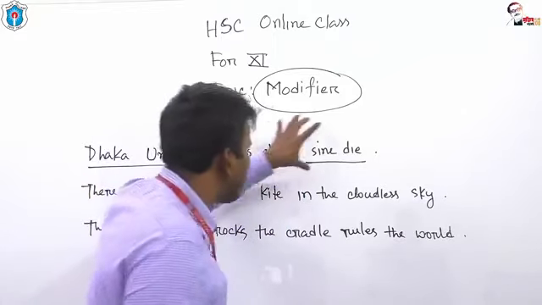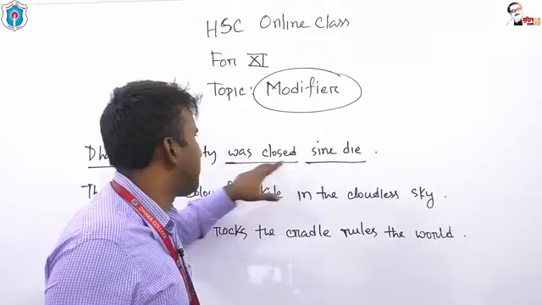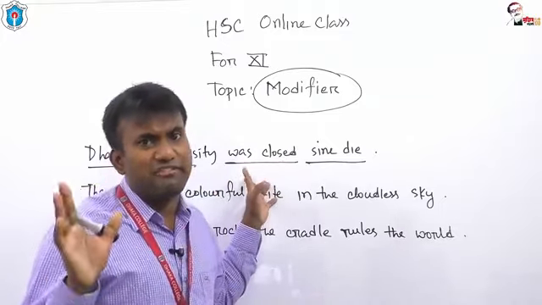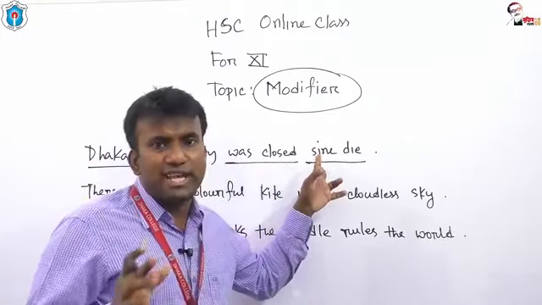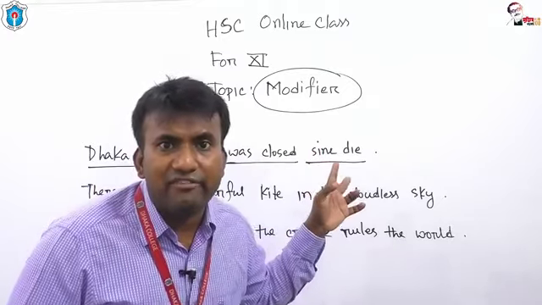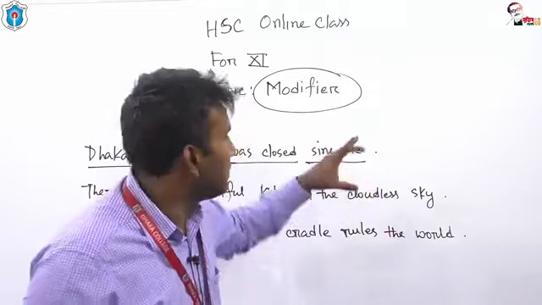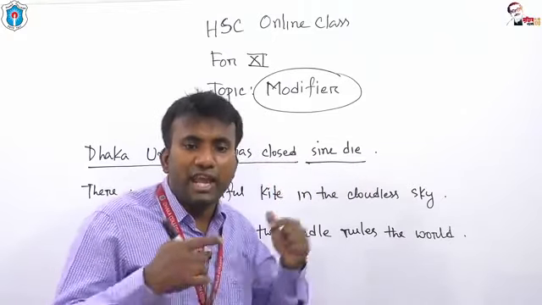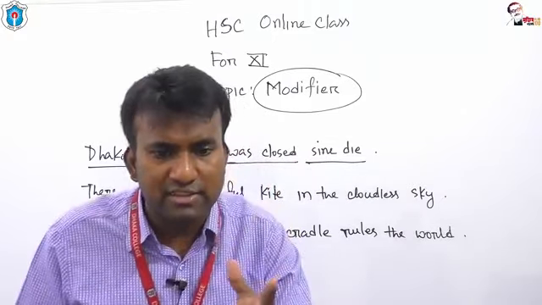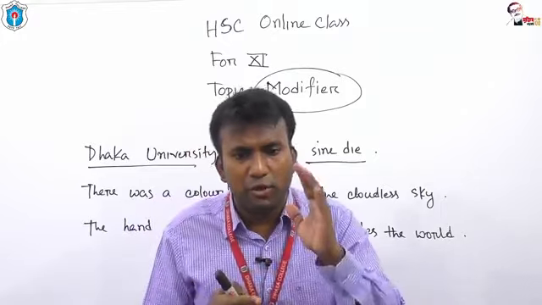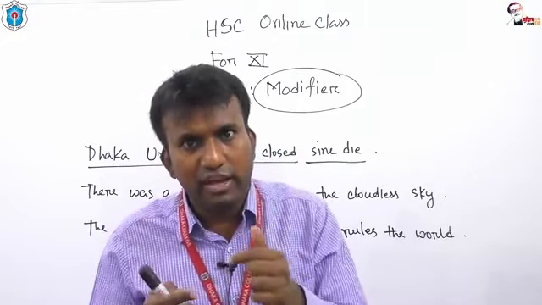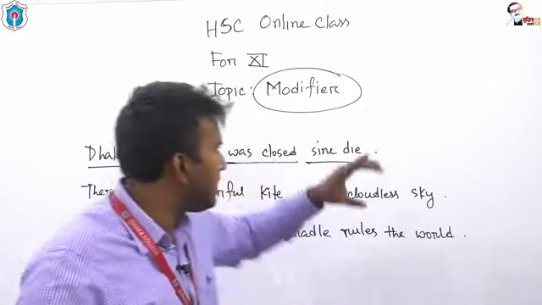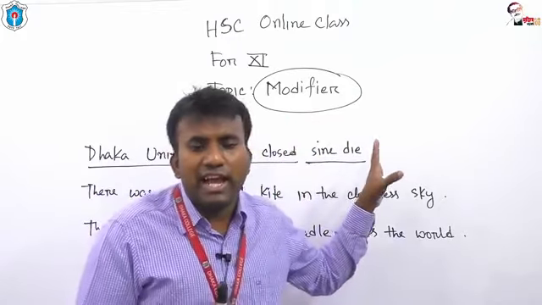Now I can say sine die modifies this part. Closed is a verb. That's why I would say sine die is an adverbial phrase, because this sine die modifies a verb. If any parts of speech modifies a verb, definitely it would be adverb. As it is a phrase, we will call it adverbial phrase.